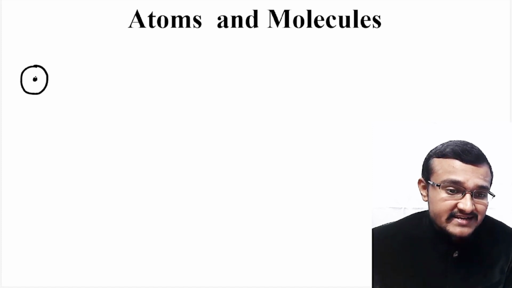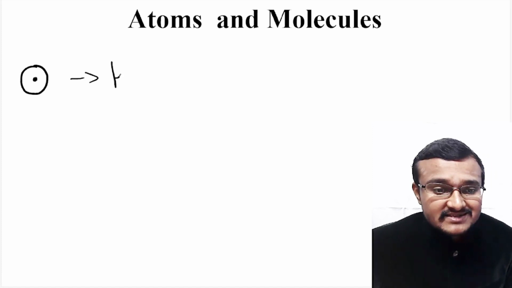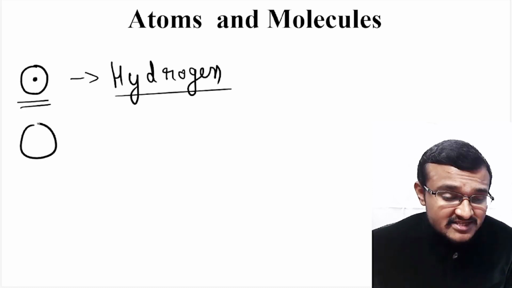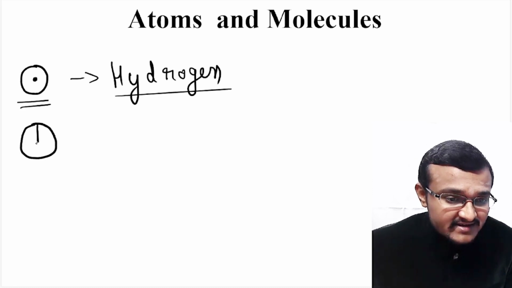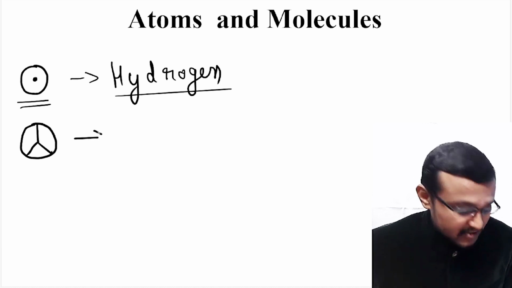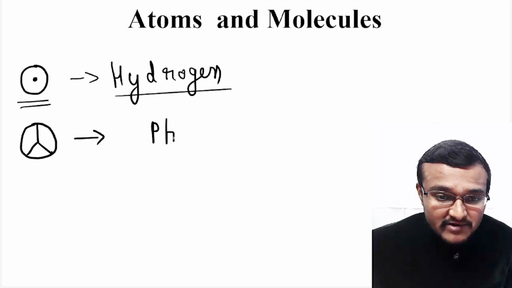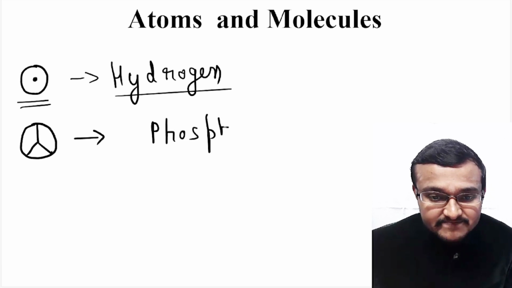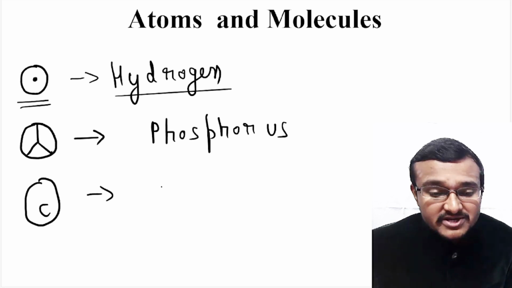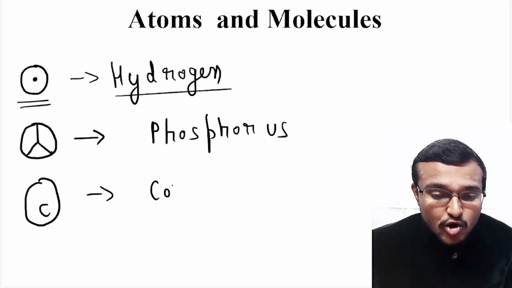If there is a dot inside a circle, then this symbol represents hydrogen atom. If there is a Y written in a reverse manner inside a circle, then this symbol is an example for phosphorus atom. Now if you write C inside a circle, then this symbol represents copper atom.